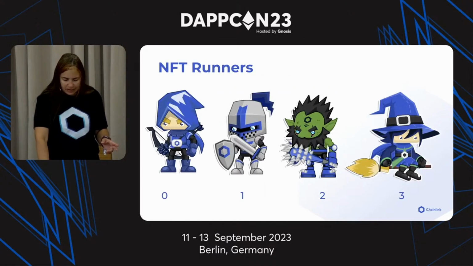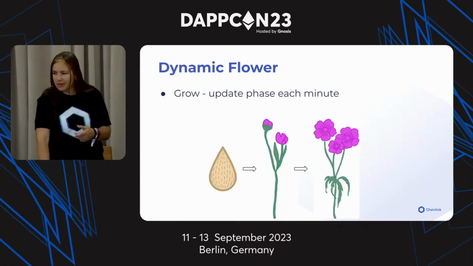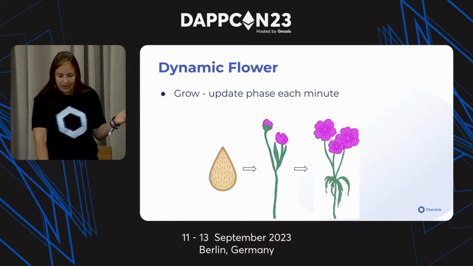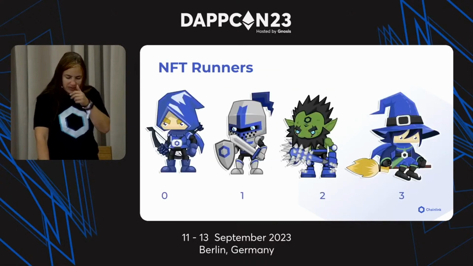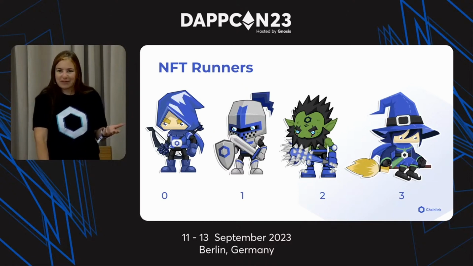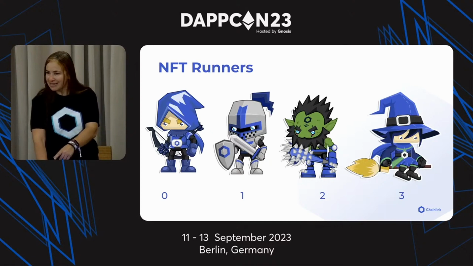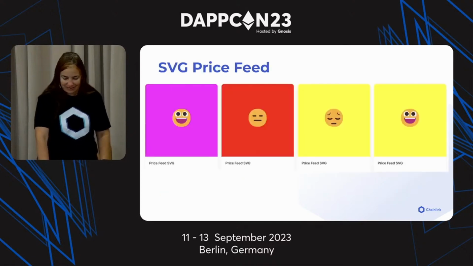And these are some examples of dynamic NFTs that I did before in workshops, like to grow a flower, to have these characters that can run, can do something different. Today we are using these characters as well. These are our NFTs. And this is another that I did before.